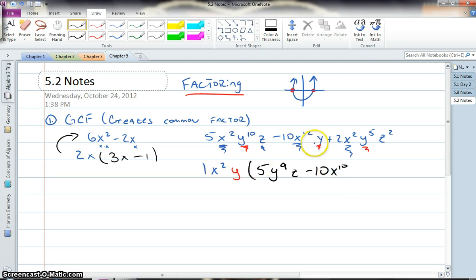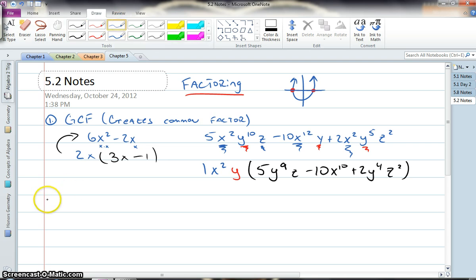I'm left with 10. Had 1 y, took 1 y, no y's, no z's. 2 divided by 1 is 2. Sorry. Had 2 x's, took 2 x's away, so I'm left with none. Had 5 y's, took 1 away. I'm left with 4. No z's taken, so I need z squared. Again, if I were to multiply it back out, I would get the same answer.